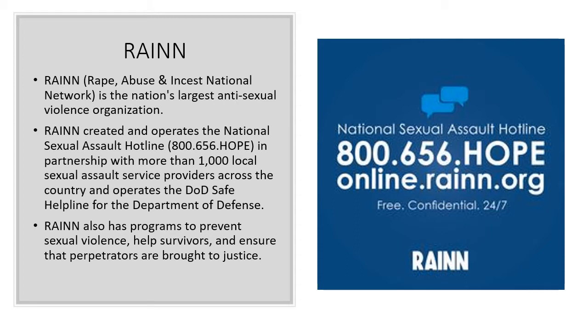RAIN has a very large network and infrastructure and does good work. They run a national sexual assault hotline, and they work in partnership with lots of local organizations that provide sexual assault services in their local areas.